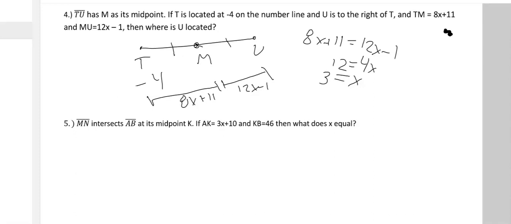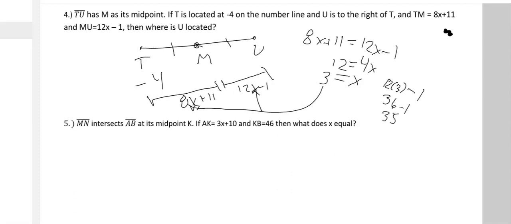That's not the answer. That's not what they're asking for. They want to know where U is. Well, what could I do? The only thing I could really do is substitute this into here, or into here. I'm going to substitute into this one. 12 times 3 minus 1. 36 minus 1 is 35.